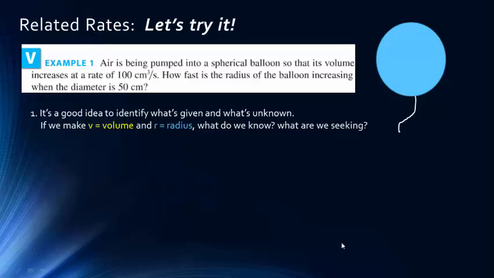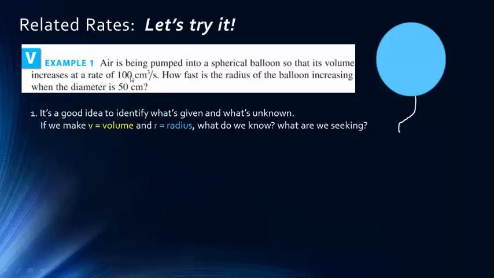Let's go through the problem and look for numbers. Its volume is increasing at a rate of 100 cubic centimeters per second. So what is that telling us? Is that the volume? No. It's telling us the volume is increasing at that rate. So this is a rate of change.